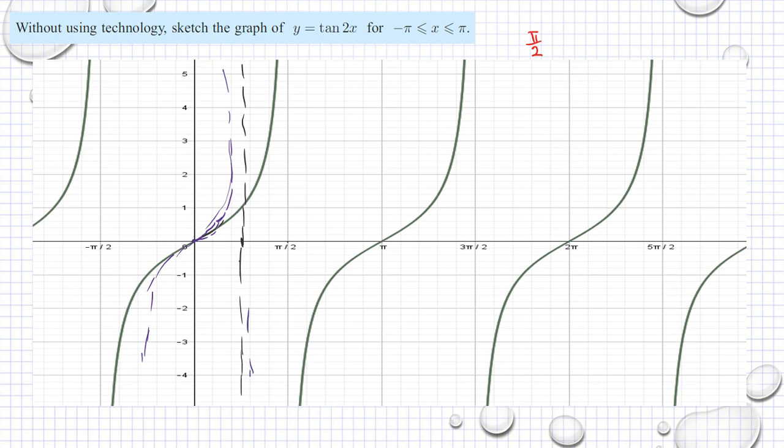There you go. You can use your calculator to check it, but your whole period should be pi divided by 2.